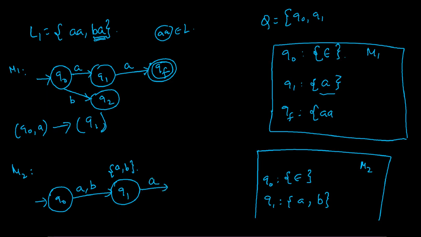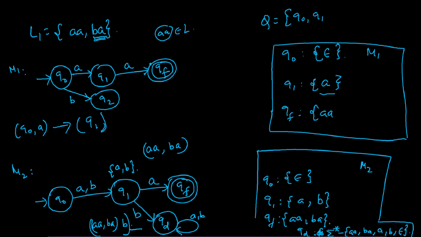It means that the string traversed so far is either AA or BA, right? AA, BA both are part of the language. So you go to a final state. Okay. So QF represents in this M2 AA and BA both.